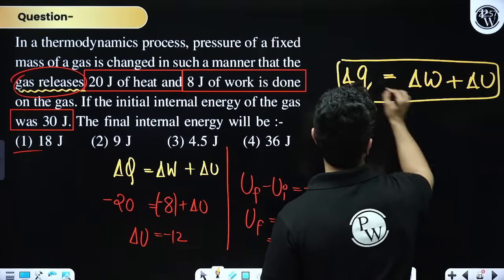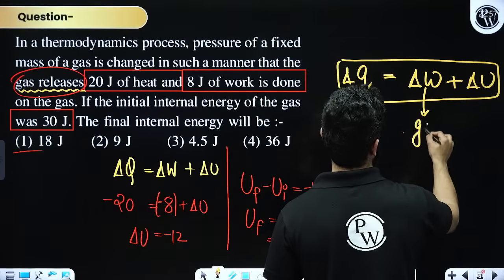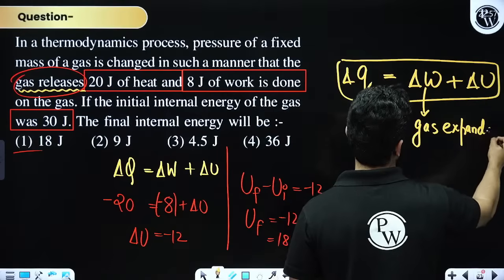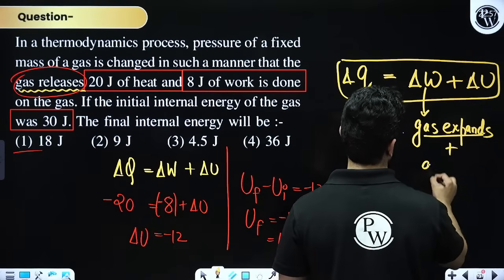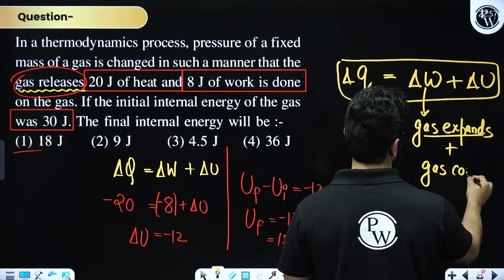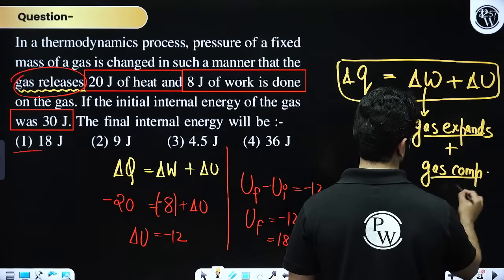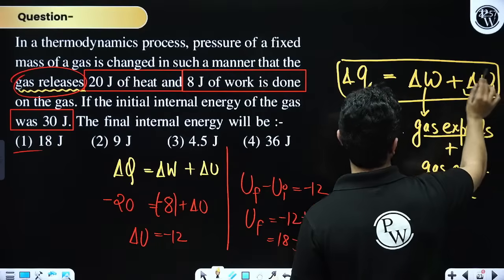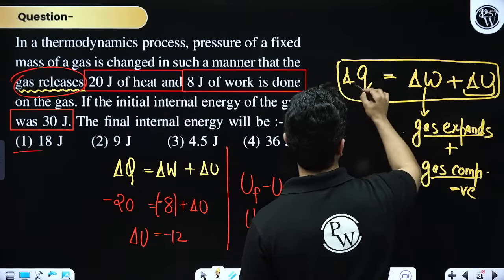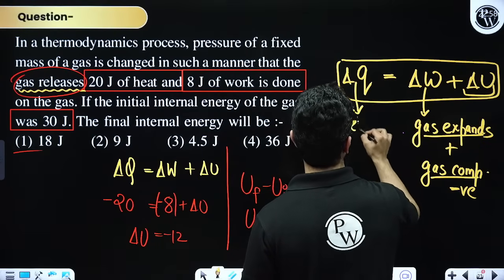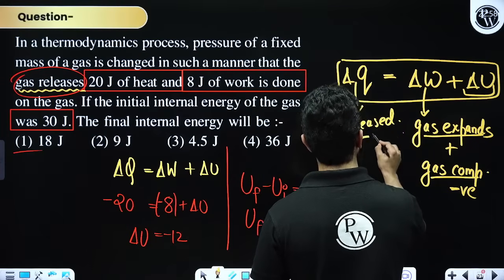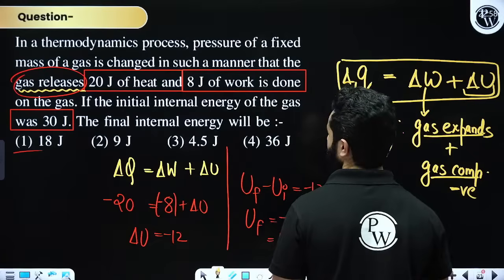If the gas expands, then work is positive, and if the gas compresses, then negative. We need to find delta U, and they are saying it is getting released, so we are going to take it as negative.